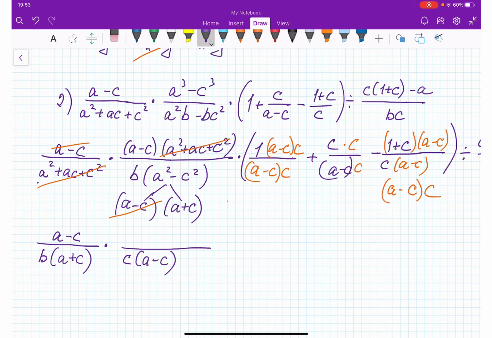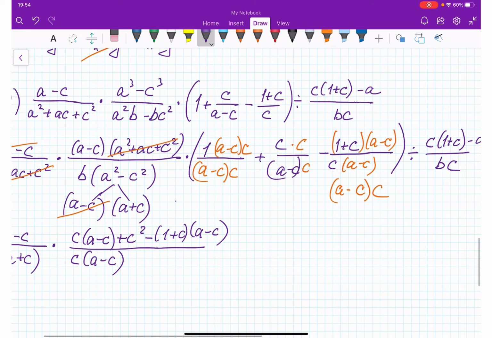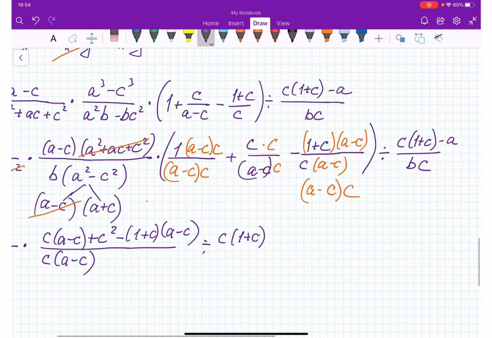In the numerator I will have c(a − c) + c² − (1 + c)(a − c), right? And after that we are dividing by c times (1 + c − a) over bc.